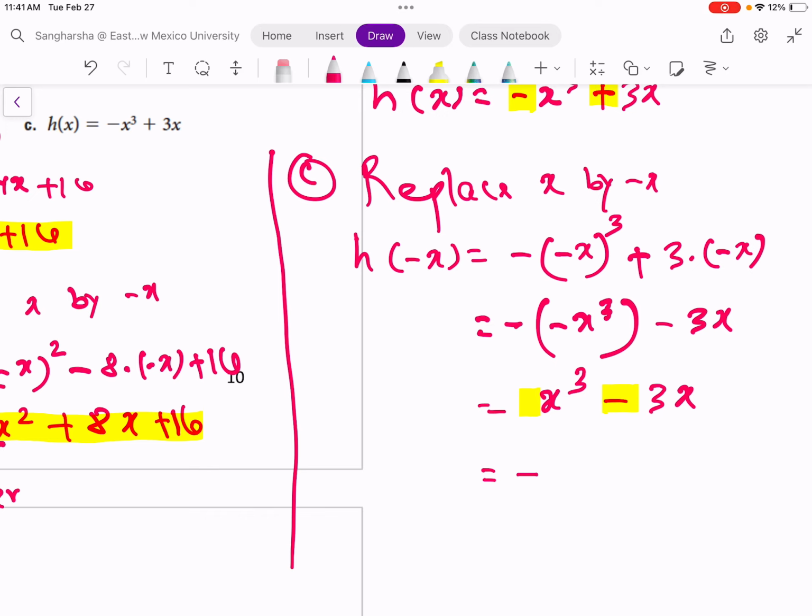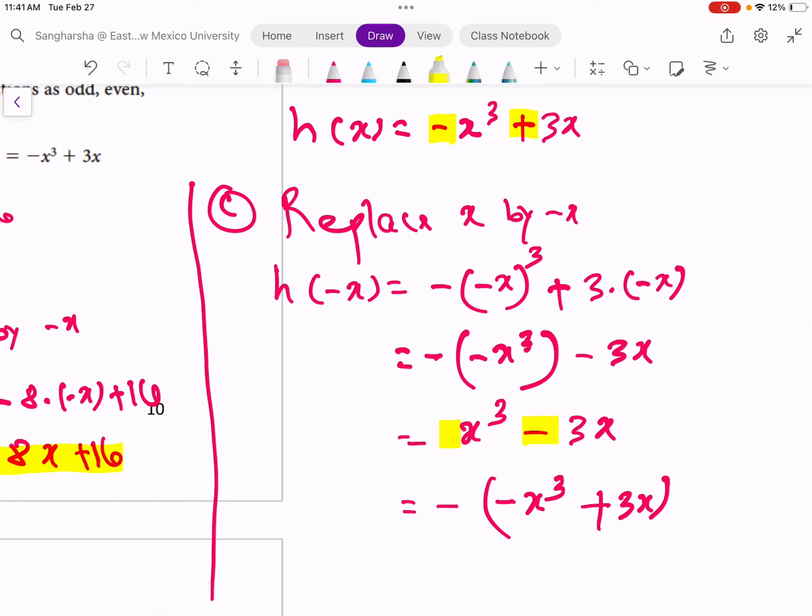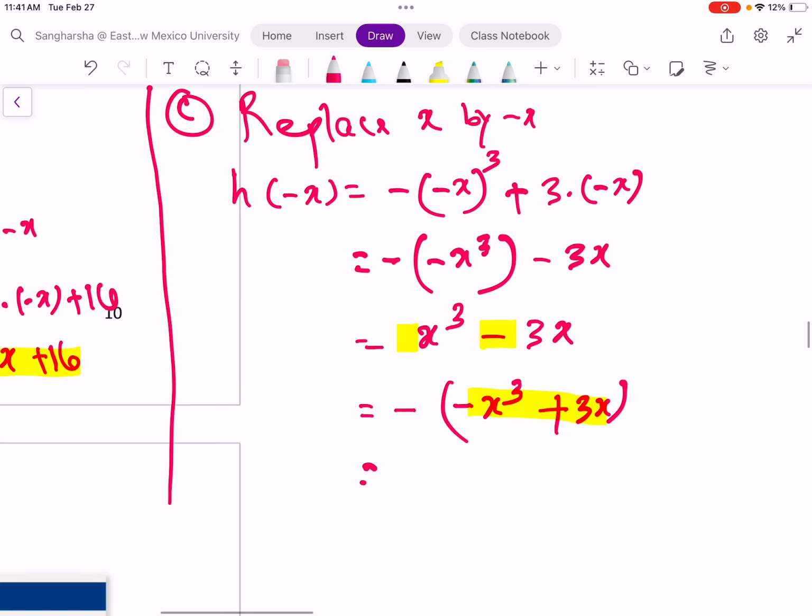If we factor out a negative, the positive x cubed changes into negative x cubed, and the negative 3x changes into positive 3x. And what is negative x cubed plus 3x? That is our h of x. So we have negative h of x. So h of negative x equals negative h of x. It means this function is an odd function.